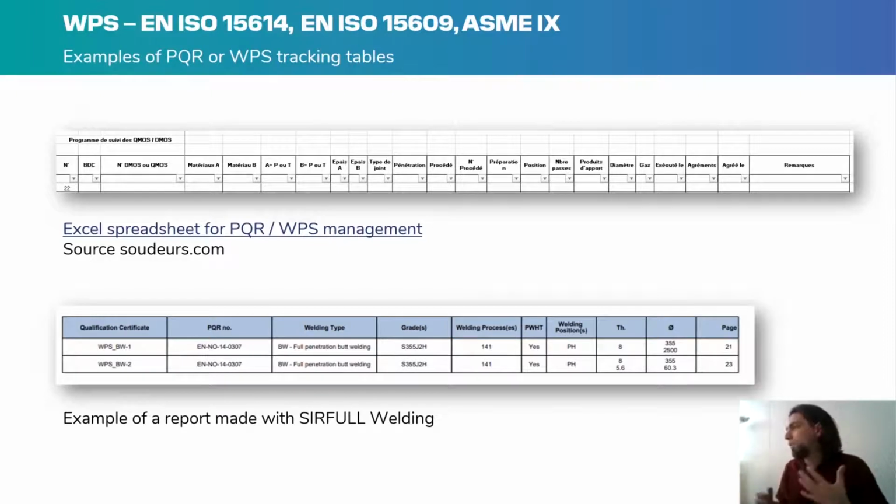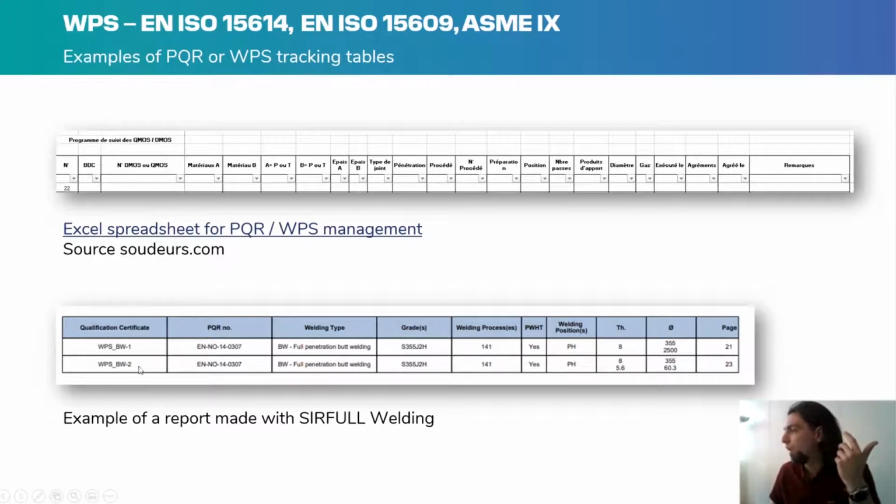The picture is in French, but I suppose in the link you can use an English one. Basically, this is the number of the PQR or the WPS, materials, thickness, joint, etc. I think you got it because it's almost the same here.